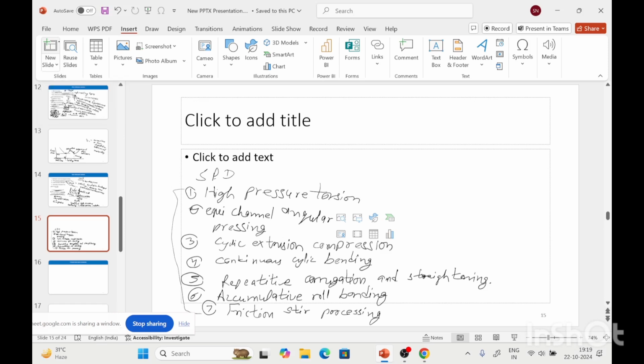In these processes, the component is subjected to different deformation processes and deformation stages that lead to the generation of preferred texture in the grains and increase the dislocation density.